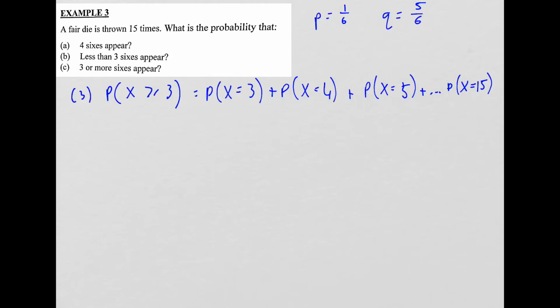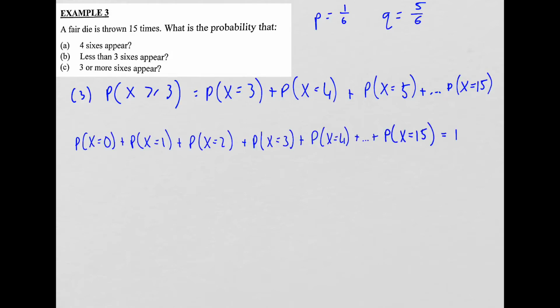Remember that the probabilities of all these values need to add up to 1. So what I've said here is that the probability of x equals 0, 1, 2, 3, 4, all the ones in between, to the probability of x equals 15, we must know equals 1. Now we can break this up into what we've already worked out. These first three, we already know this is the probability that random variable x is less than 3.